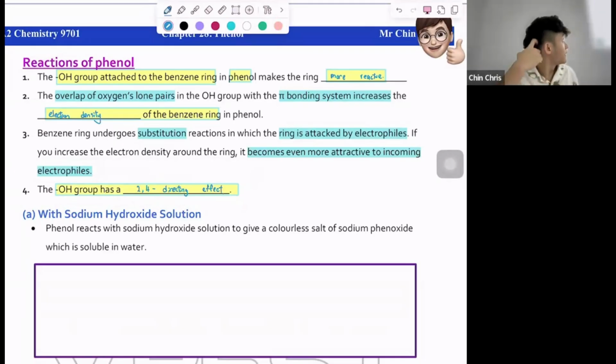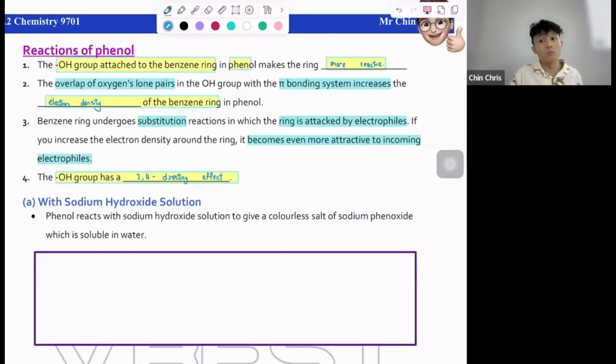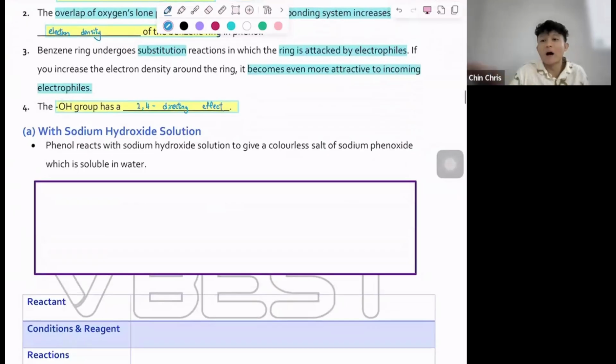Clear? Okay, if you understand the story, you don't need to memorize anything. Try to understand the concept. Don't memorize. Memorizing doesn't work, guys. You're supposed to understand how the electrons go. Instead of memorizing that phenol is more reactive, no, don't memorize, because in the exam they really will twist and turn the question until I don't know how.